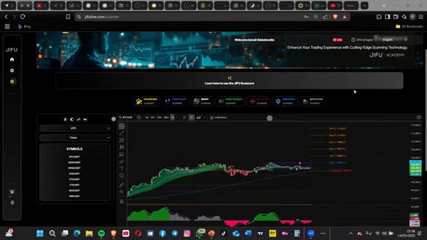Now, the trend wave scanner tells you what to buy or sell. Hope you're writing.